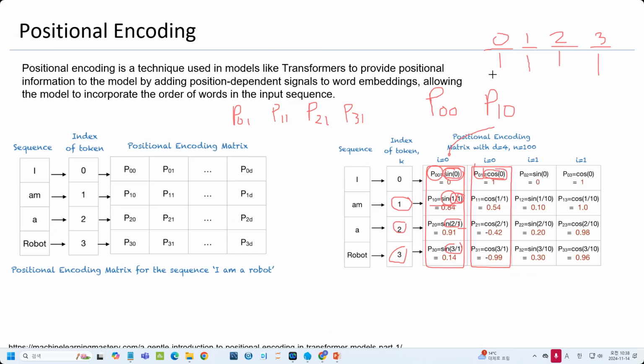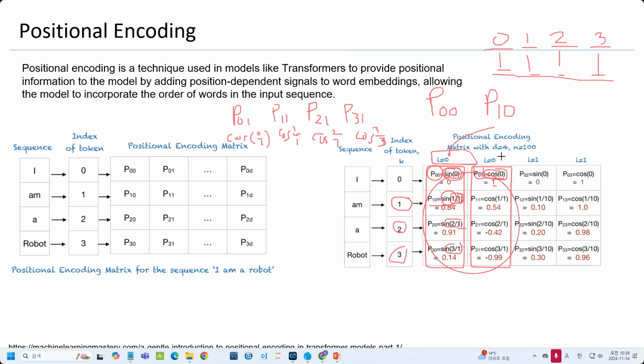The same as before, because we are at location 1: 0 divided by 1 with cosine, and cosine 0 is 1. Then we have cosine 1 divided by 1, cosine 2 divided by 1, and cosine 3 divided by 1. And we can get these values. This is for i equals 0.